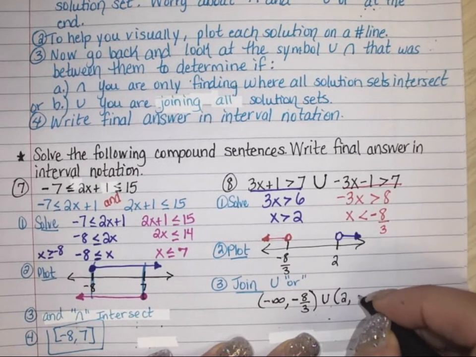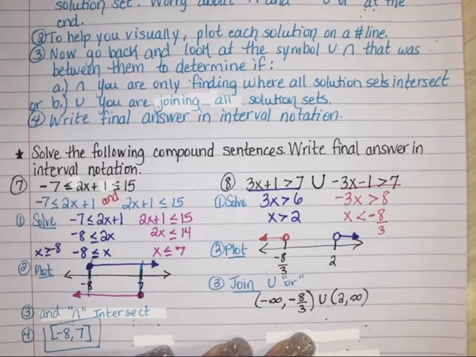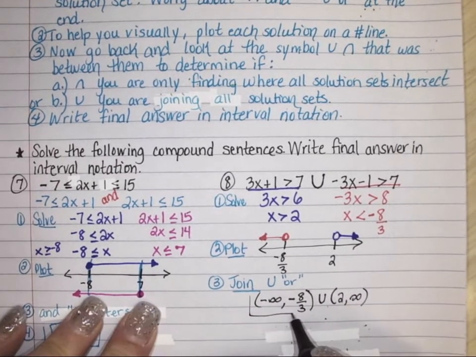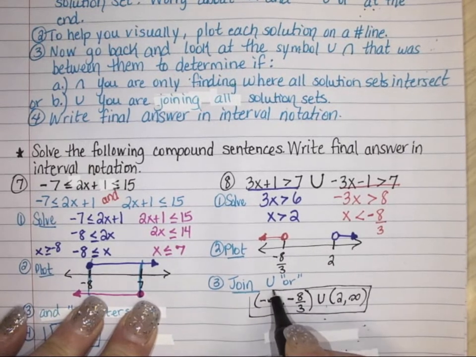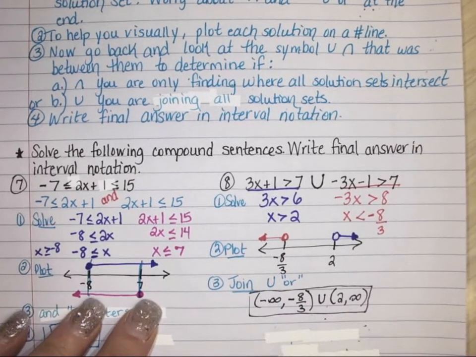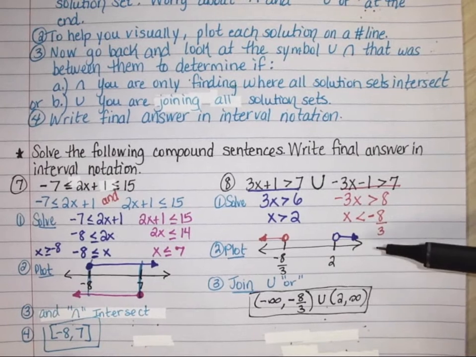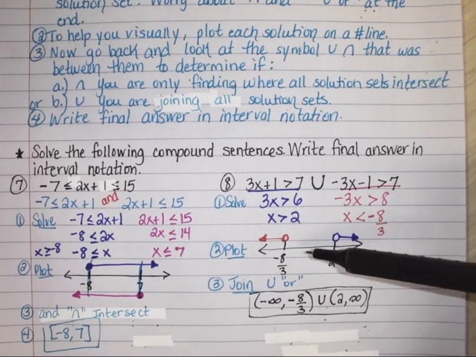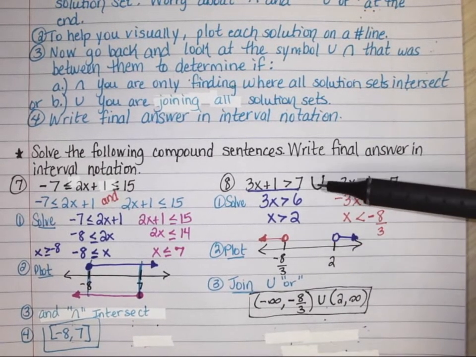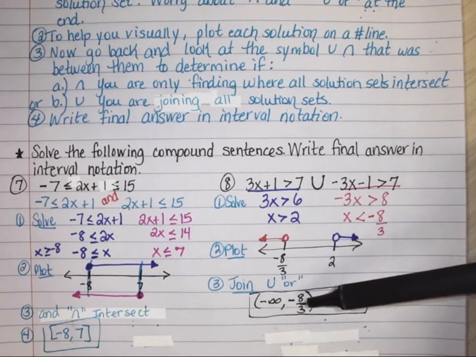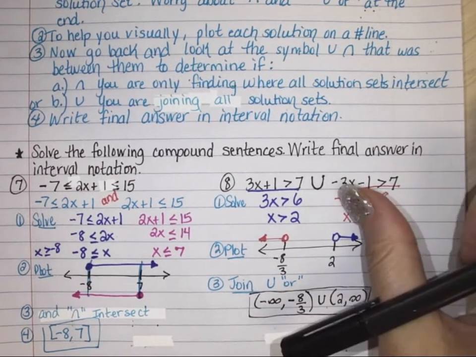So from 2 on to infinity. And that is your final answer. So solve each part, plot each part on the solution, see if you have "and" or "or," and write your final answer in interval notation.